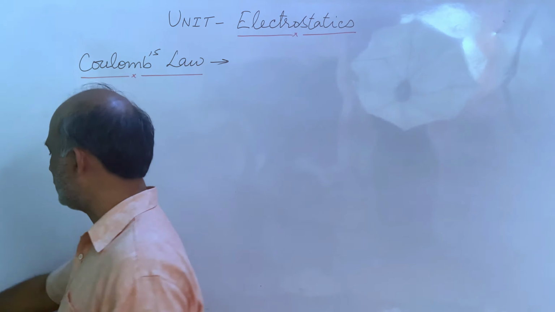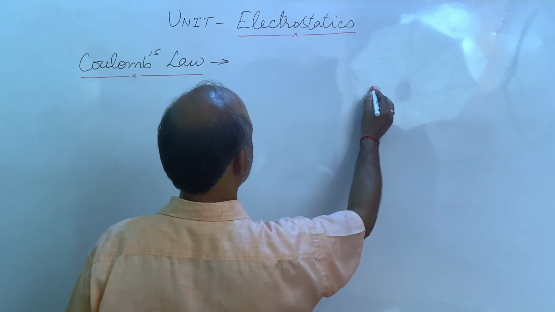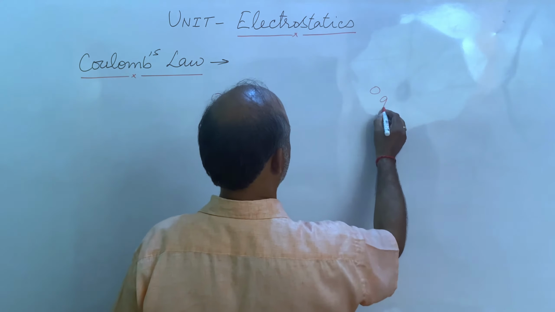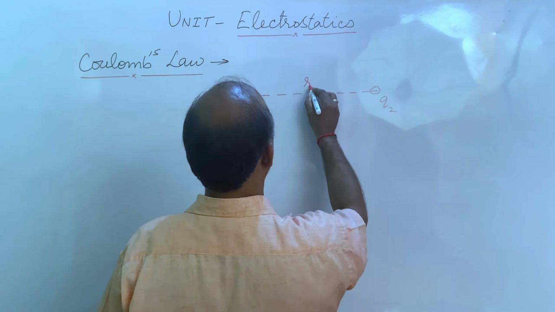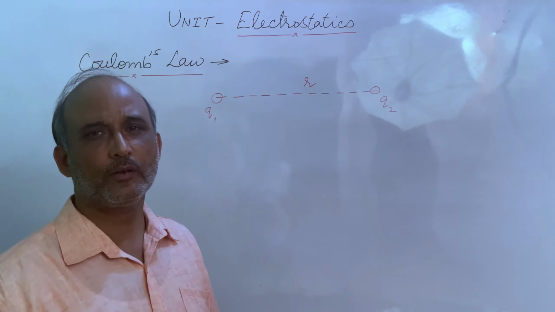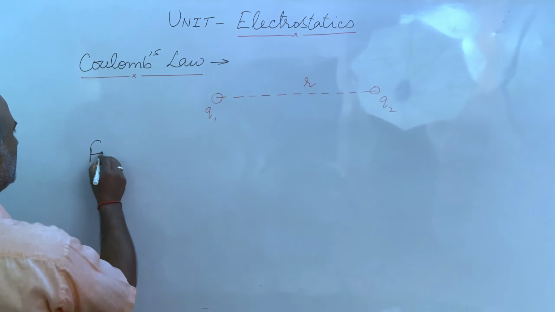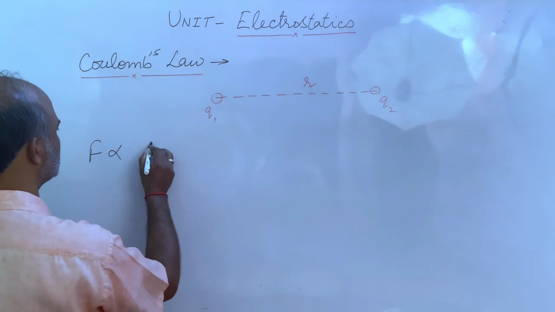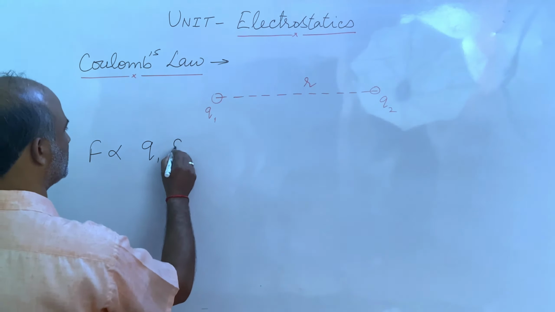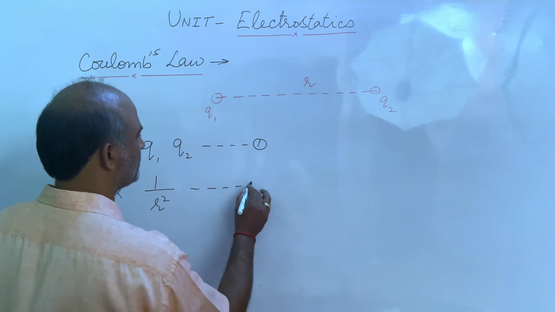Suppose there are two point charges Q1 and Q2 placed at a distance r from each other. Then according to Coulomb's law, the electrostatic force between them, F, is directly proportional to the product of the magnitude of their charges Q1 and Q2, equation first, and second, inversely proportional to the square of the distance between them.